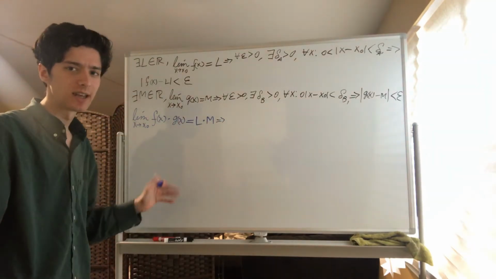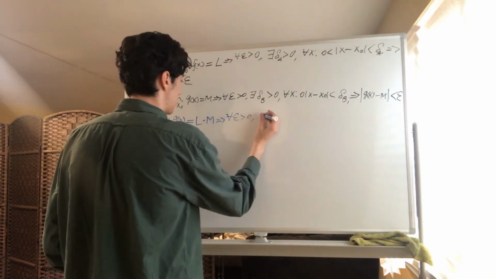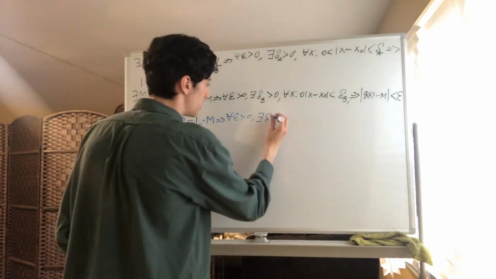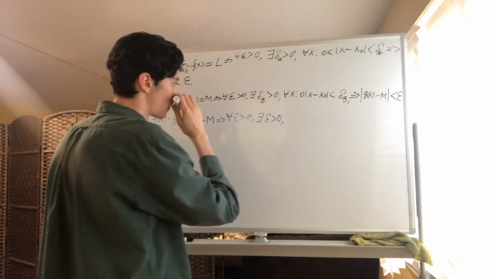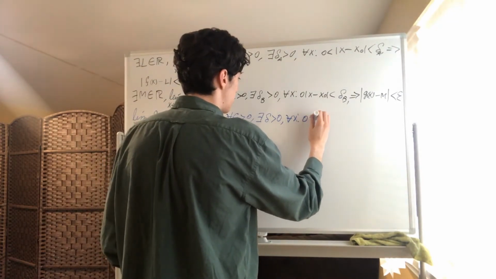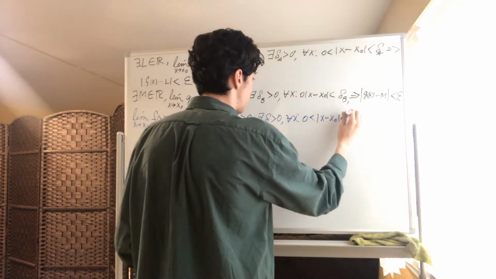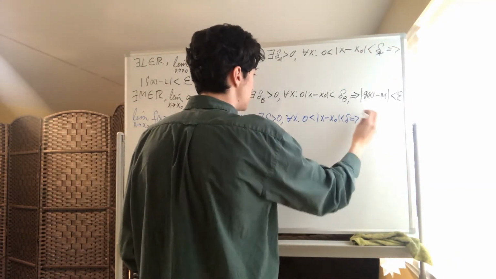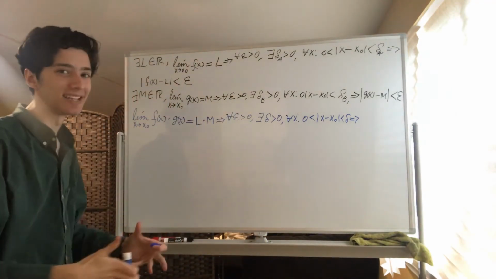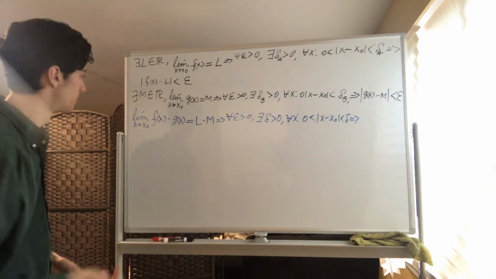And again, using our limit definition, for all epsilon greater than 0, there exists a delta, which we need to find, that's also greater than 0, such that for all x, whenever x is within delta of our x naught, this implies that our function, which in this case is the product, minus the limit, L times m, is less than epsilon.